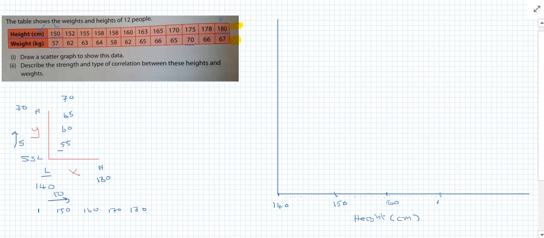So that's going to be 170. Then all I'm doing is just counting the squares. So this is going to be 180. 180, okay, and that's as far as you need to go, let's say, on the x-axis to get in all of your values.